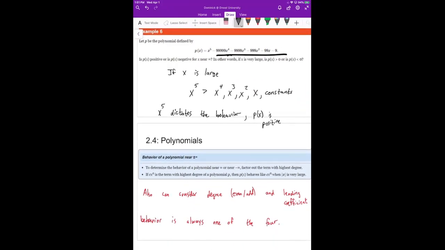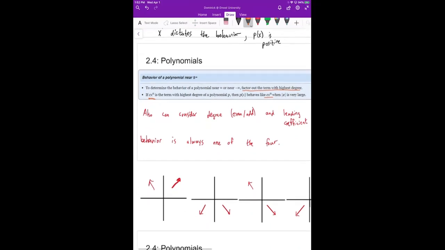Right? So in order to determine the behavior of a polynomial near infinity or negative infinity, we are essentially just looking at the term with the highest degree. Right? And what happens is that if you look at that term with the highest degree, the polynomial behaves like that highest term.